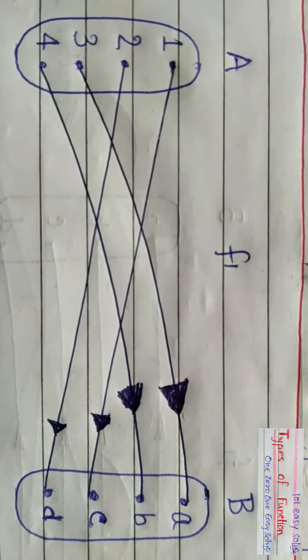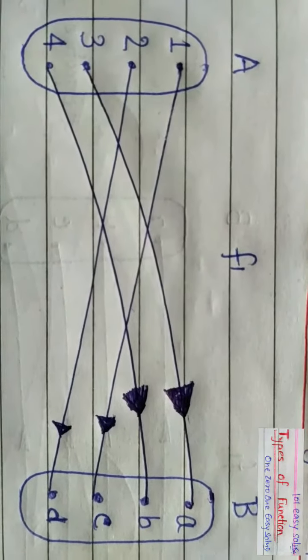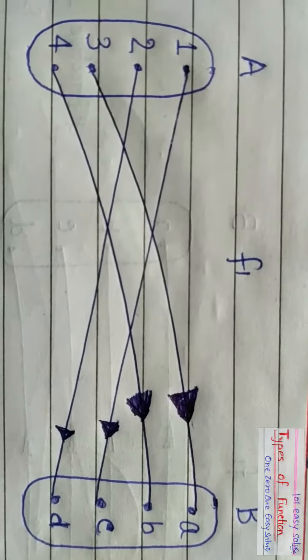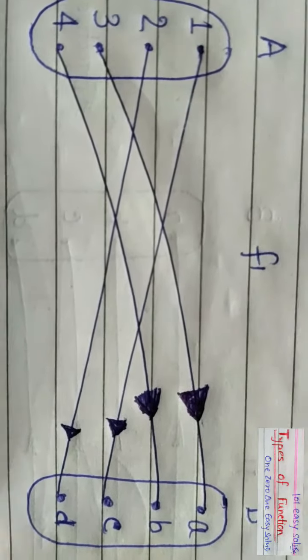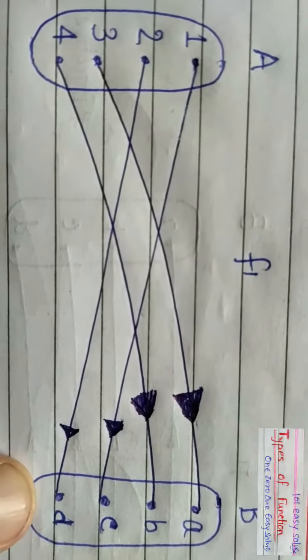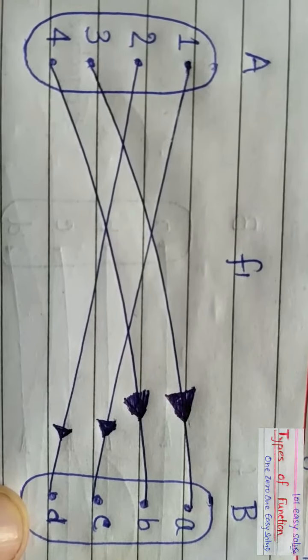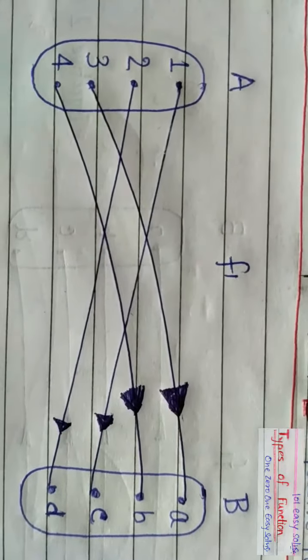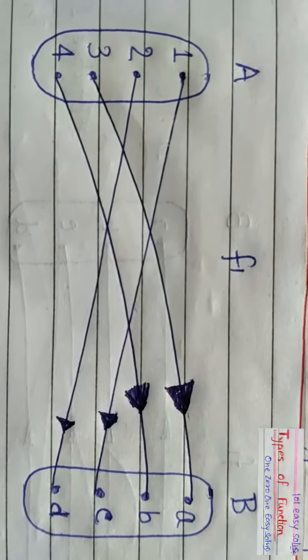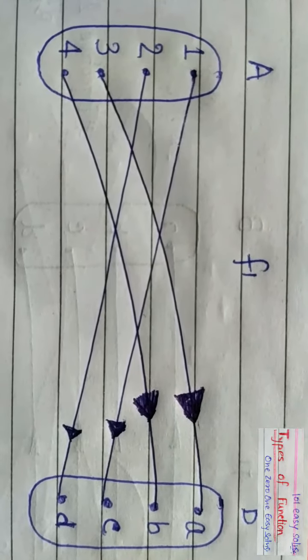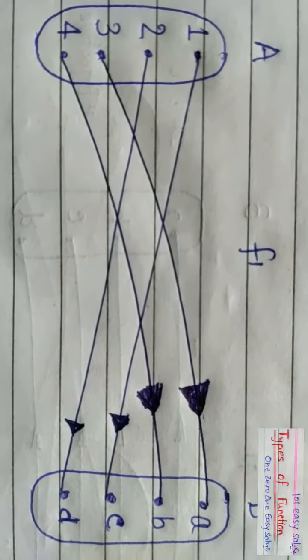Since all the members of set B are the image of some element of set A, none of the members are remaining. So function f1 is bijective because it is injective and also surjective.